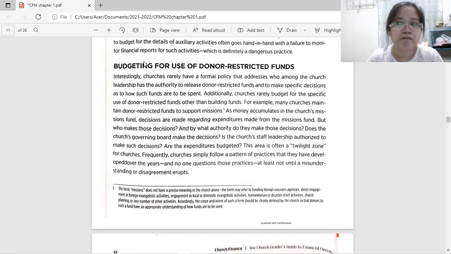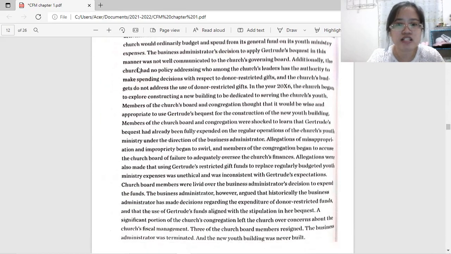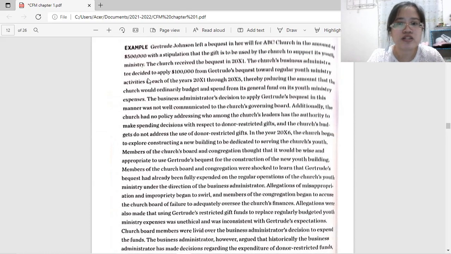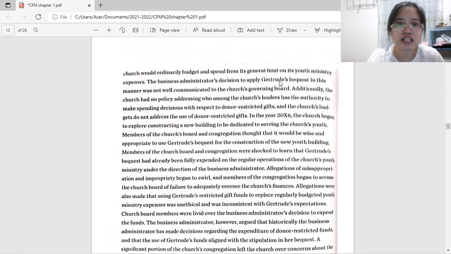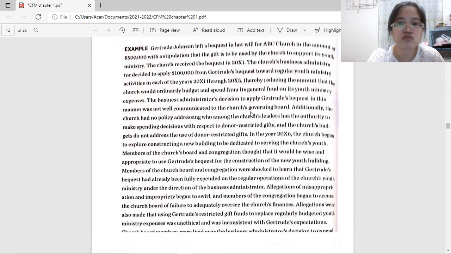So when a donation is made, normally we put it separately from the general fund of the church. There's an example here of a situation wherein a donation was given for the youth ministry, and then the church decided to use it for conduct of activity for the youth ministry.